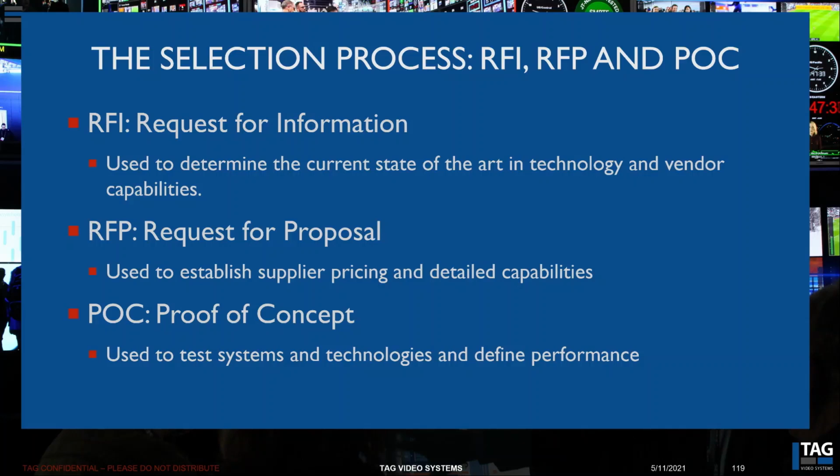An RFI is simply to engage vendors you think really have innovative ideas and are really leading edge in the industry to find out what is possible today and where they are going and what you should be thinking about as you make this move, because there may be things we're not even thinking of here. And we'll talk about some of those in the next episode, some of the things I'm working with on various customers as they move forward here.